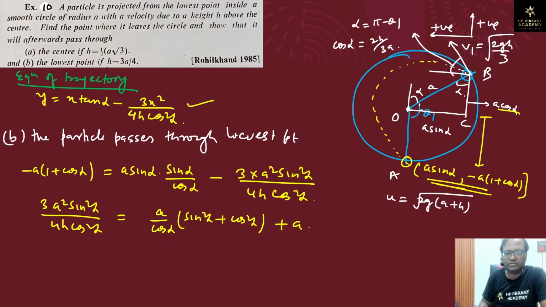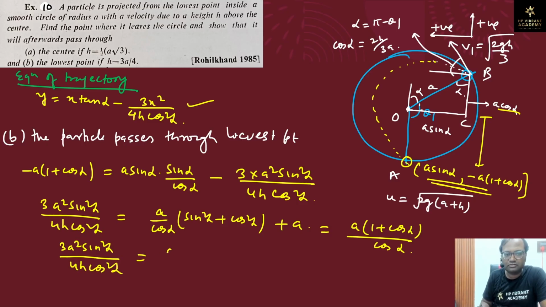Okay, so this is equal to a 1 plus cos alpha upon cos alpha. So we have 3a square sin square alpha upon 4h cos square alpha is equal to a into 1 plus cos alpha upon cos alpha. Let us further simplify this.